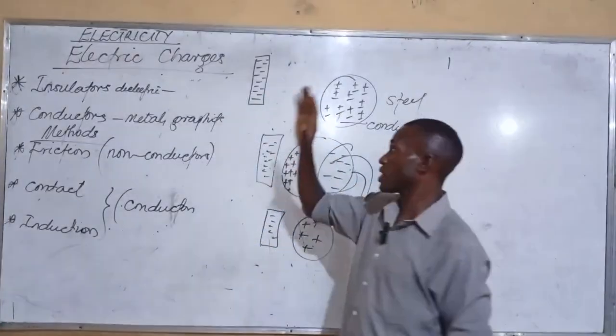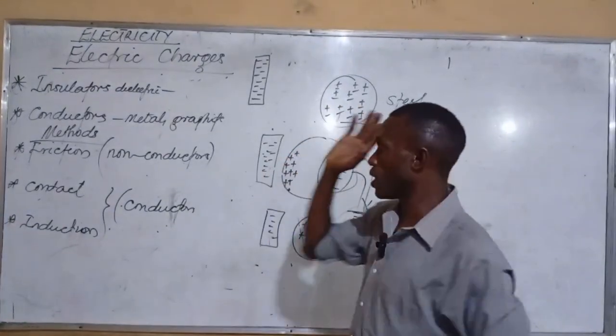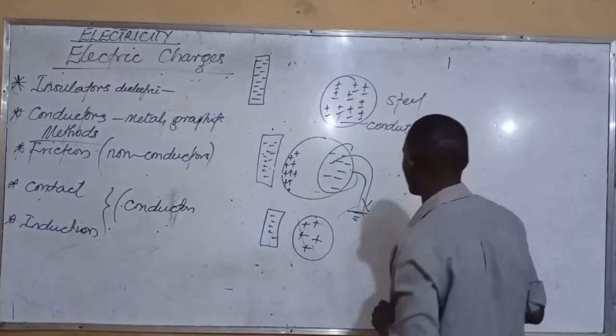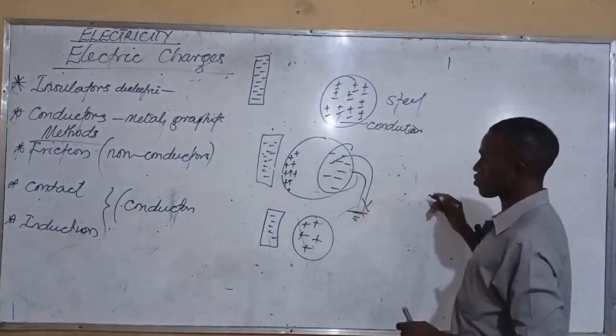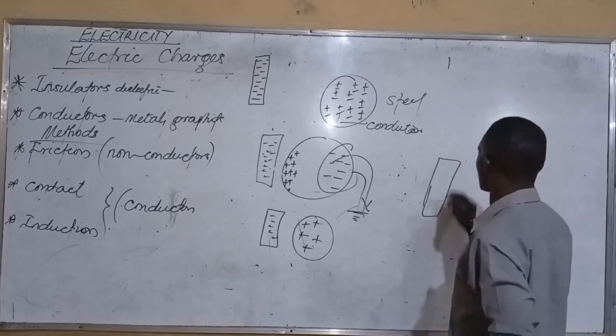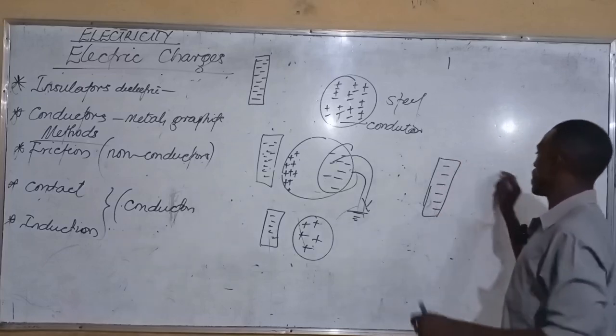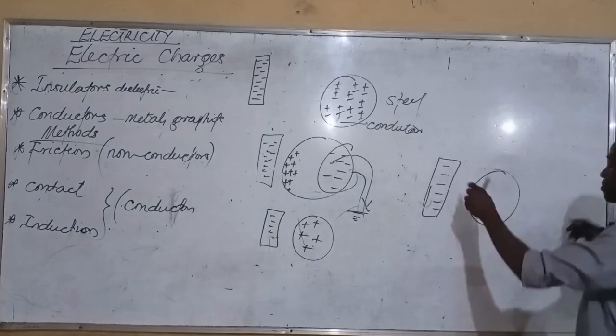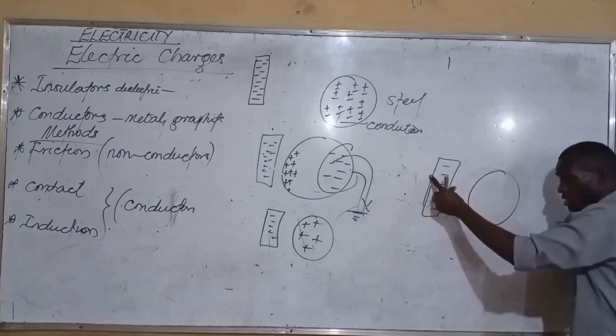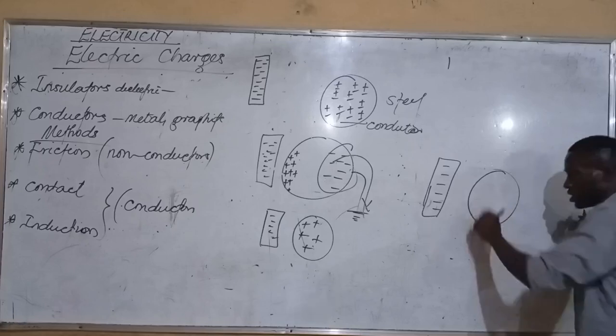But keep in mind that is how we charge conductors. When it is charging by contact, this body is charged, say with negative charge, and this sphere is uncharged. What I do is bring this charged body to touch the other body.